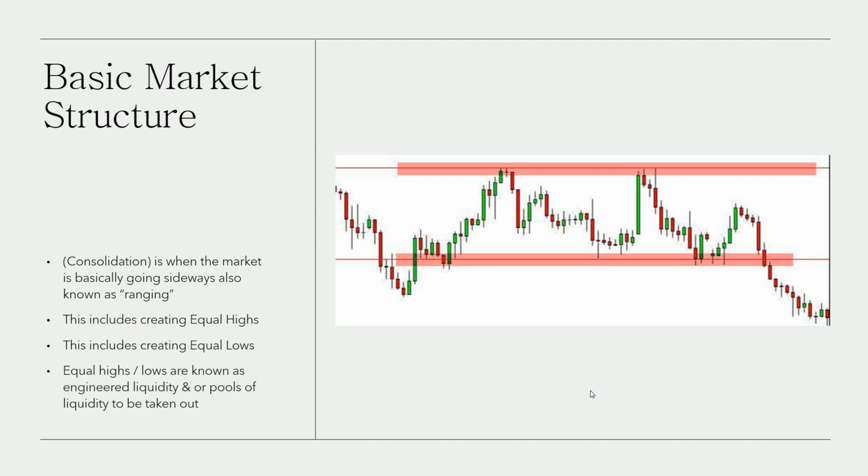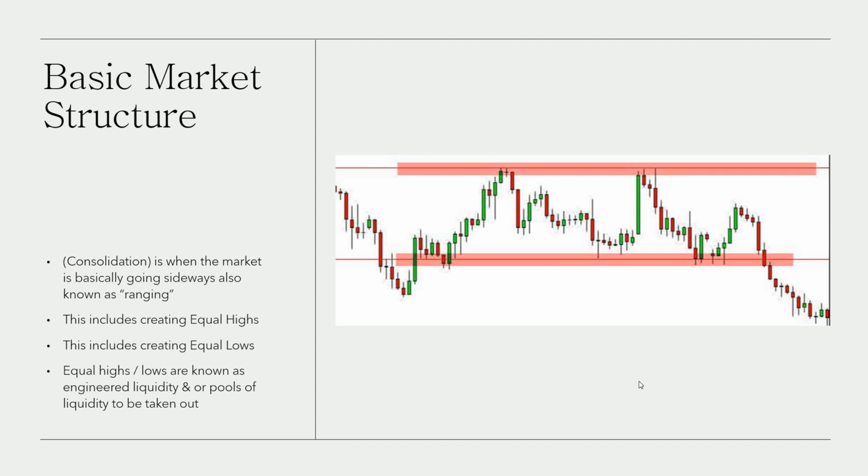The people that have fuck you money are the kind of people that see this as an opportunity to stop retail traders out. So when you ever see equal highs or equal lows, don't think, oh, the market's going to tap into it and then reject higher, or, oh, the market's going to tap into this and then reject lower. Don't look at that as an opportunity to go short or to go long. Instead, see that the market is going to eventually take one of these sides out.